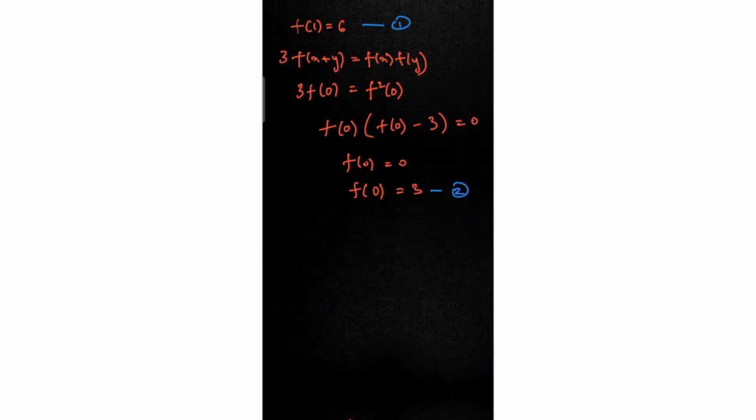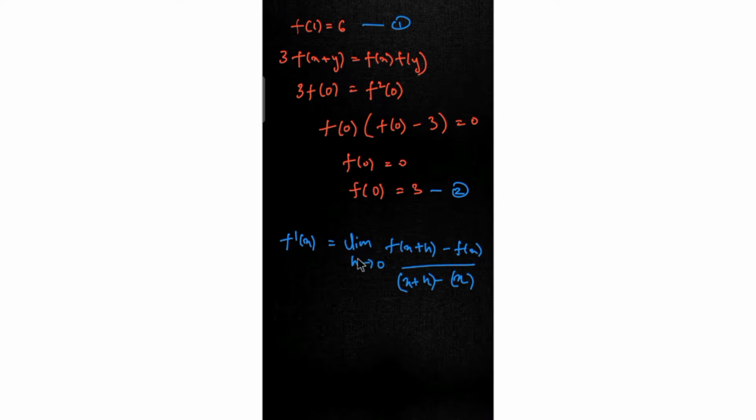Now we must use the first rule of differentiability, that is f dash of x is equal to limit h tends to 0 of f of x plus h minus f of x divided by h minus 0. This is the equation that we need to use. You can even put x plus h minus x; I have a habit of writing it in this way.